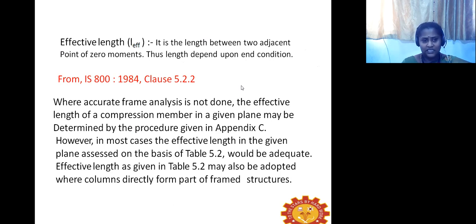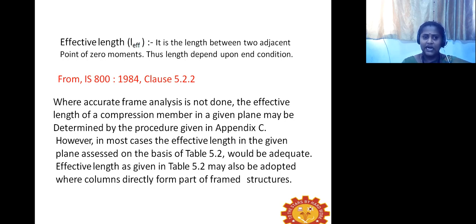What are all the end conditions available in general? We are aware of basic end conditions such as simply supported, fixed, hinged, roller, and so on. Based on these support conditions, the effective length of the member varies completely. If it is simply supported, the beam or column, whatever it is, simply rests above some support.